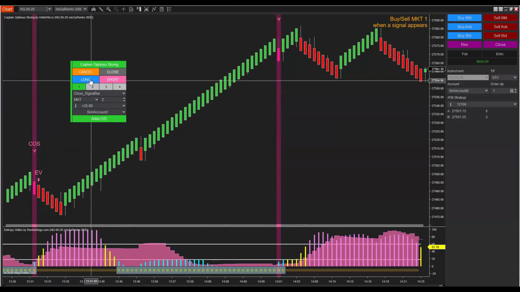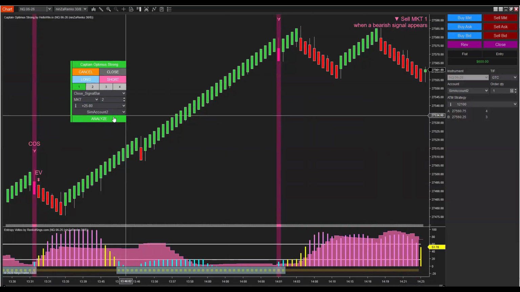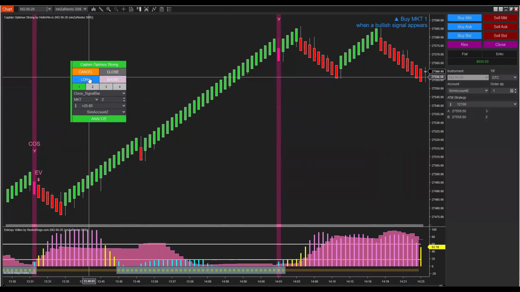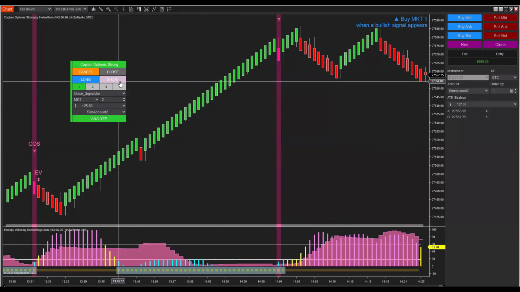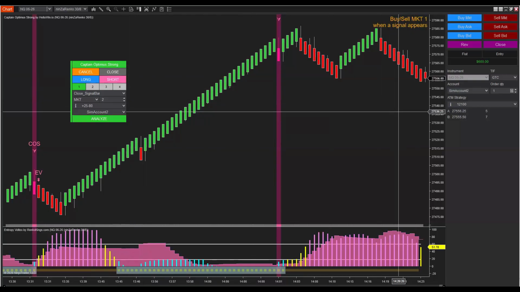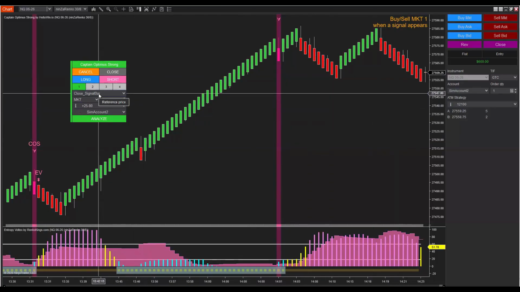For example, if I disable the long side, now it's only going to take the short trades. It tells you here. If I disable both, then there is nothing. If I choose only shorts here, only longs, so you get to decide. I'm going to try and take either one here just to show an example. But yeah, this is a great tool. It just makes things more convenient.